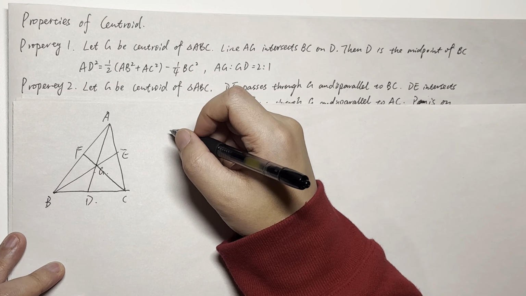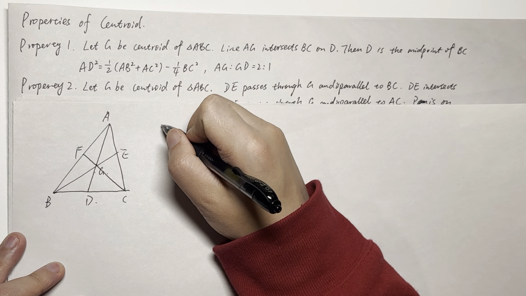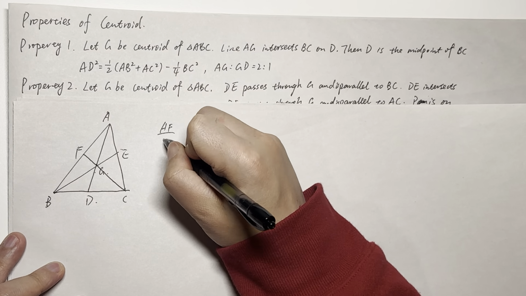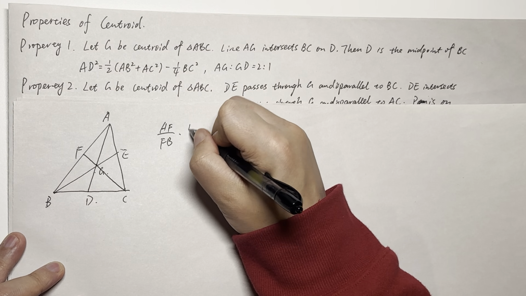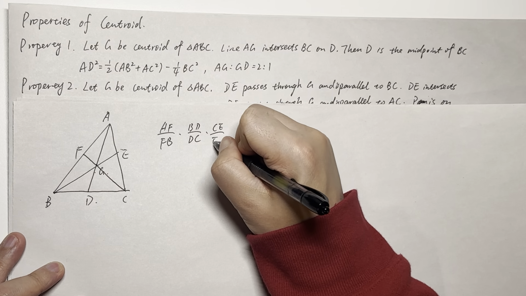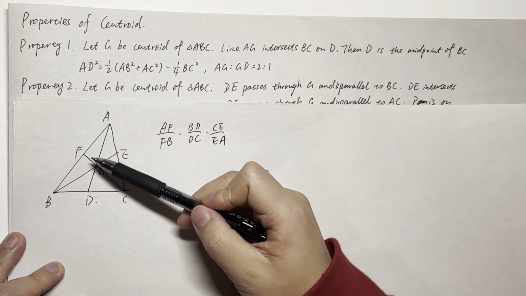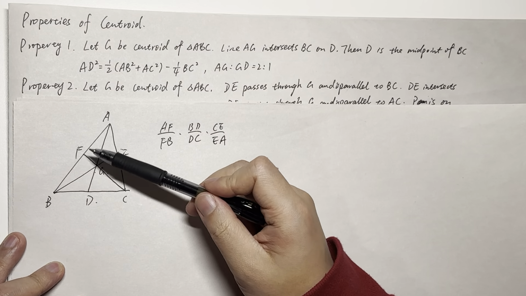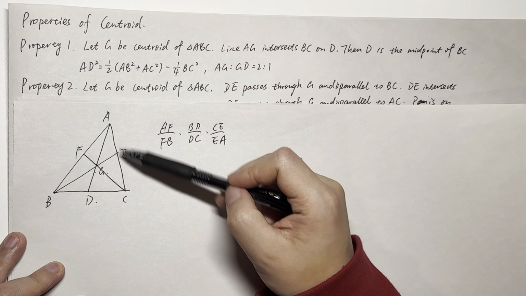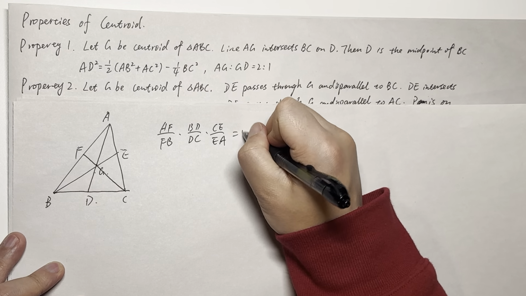So we can just use Ceva's theorem. We have AF to FB times BD to DC times CE to EA. And we know that AD, BE, CF are medians, so AF equals BF, BD equals DC, CE equals AE. So this equals 1.